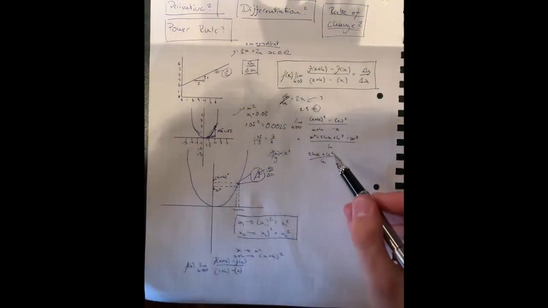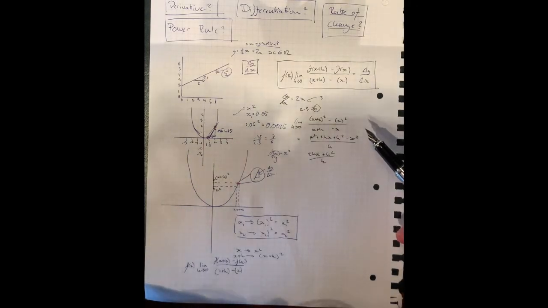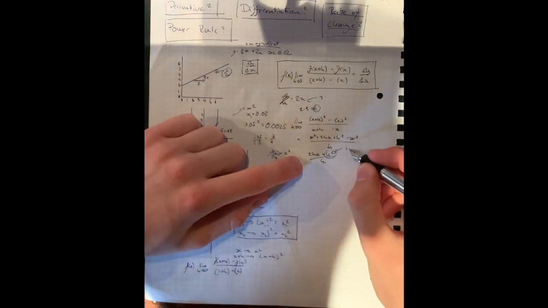2hx plus h squared divided by h. And now we've kind of got a problem. There's still going to be a remaining h term even if we divide all this by h. But here's the catch. It's not really a trick, it's more of a mathematical loophole. This h squared right here is completely ignorable. Why?